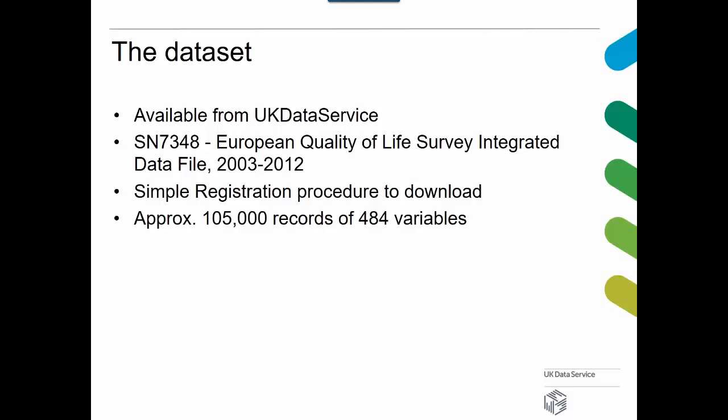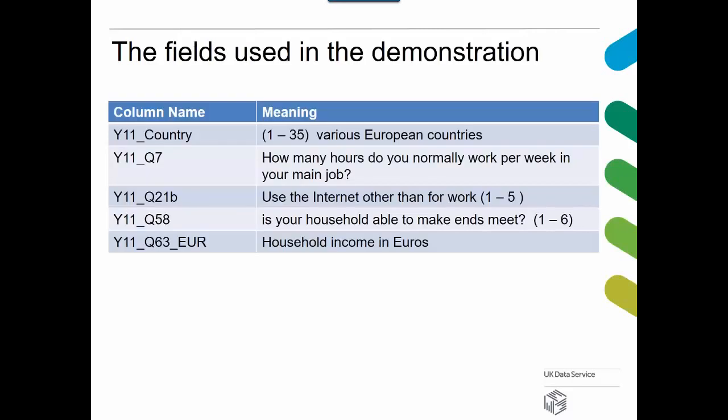It's a survey that has been carried out every 4 years since 2003, and it collects data on a range of issues such as employment, family life, home life balance, and so on. As I say, you can download it from the UK Data Service website. Although there are 484 variables in there, we're actually only going to use 5. And one of the examples we're going to give is how we extract our 5 variables from the 484.